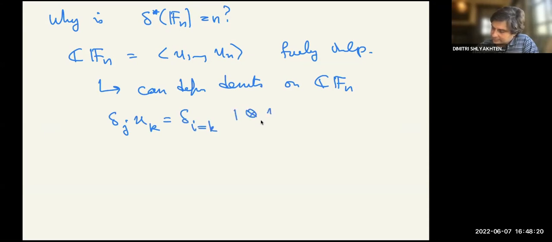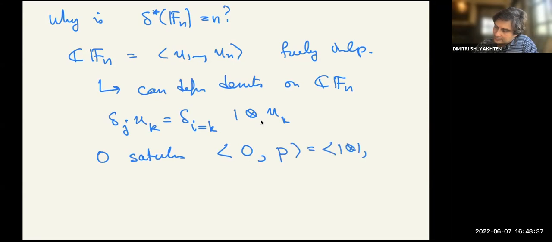Well, let's do something like that. You have to correct a little bit because they're unitaries. And then you can check that actually 0 satisfies the equation that 0 dot product P is equal to 1 tensor 1 delta JP for any J. So this C is just 0.